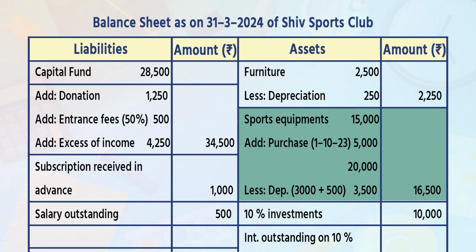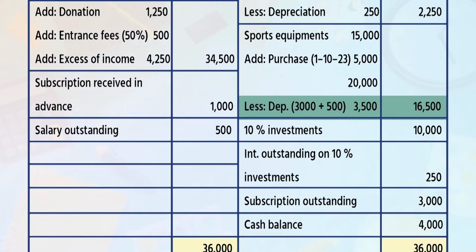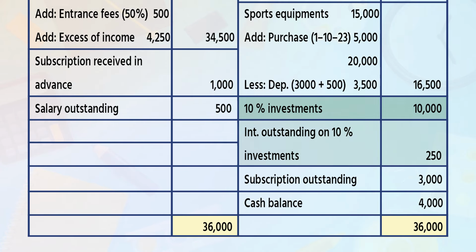Then we deduct depreciation 3,500, and in the outer column it will be 16,500. Next, 10% investment 10,000. Interest outstanding on 10% investment, that is rupees 250. Subscription outstanding 3,000. Cash balance 4,000, and the total of asset side is 36,000.